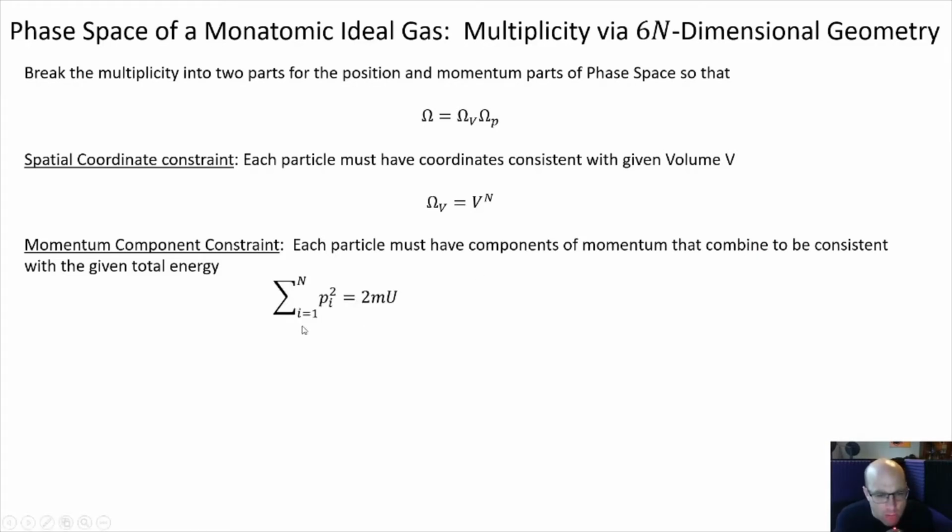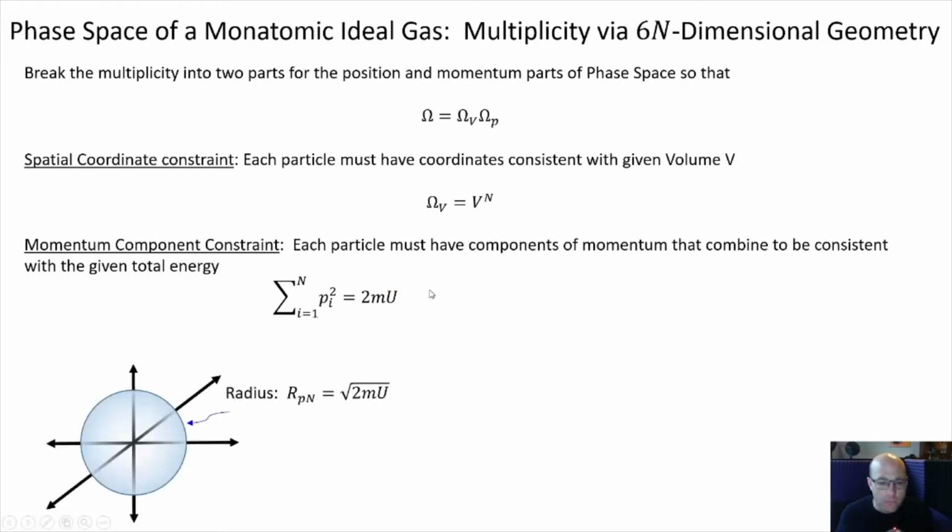And so the constraint is that the sum of all squared momenta magnitudes over all the atoms in the gas has to be 2 times the mass of the atoms times the total internal energy U. This sum of squares being equal to a constant defines the surface of a sphere in the momentum part of the phase space, and the radius of the sphere is just the square root of this constant.